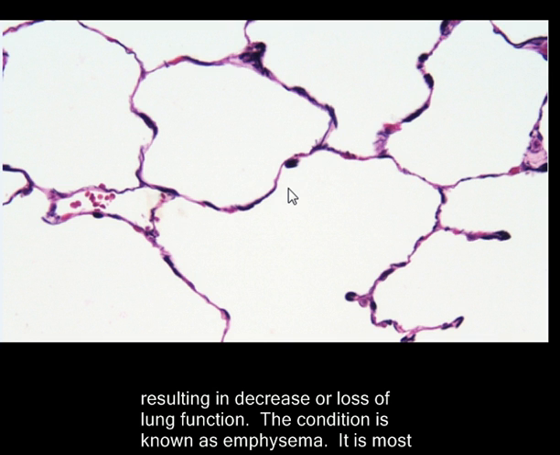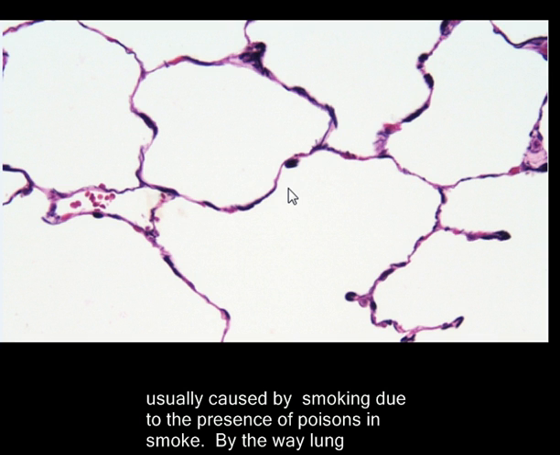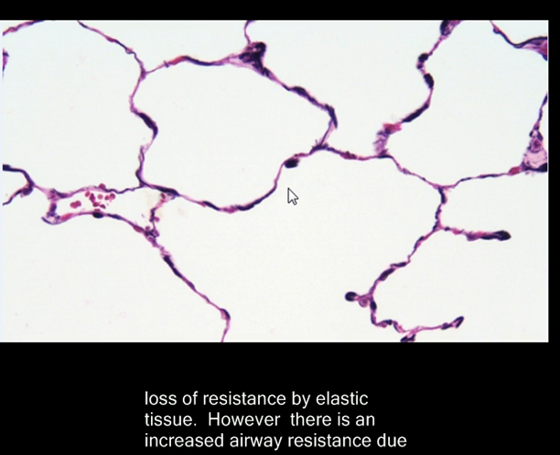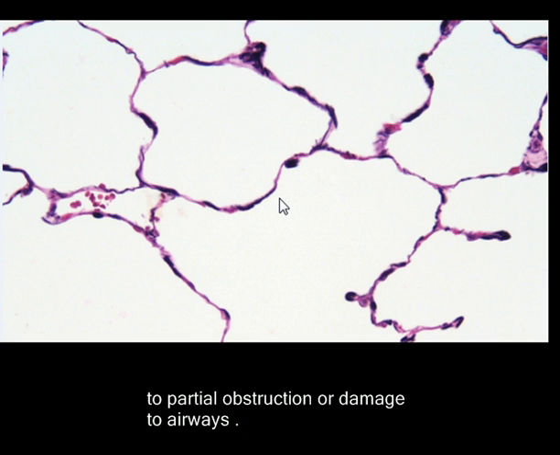It is most usually caused by smoking due to the presence of poisons in smoke. By the way, lung compliance should increase or decrease because of emphysema. It would increase as a result of loss of resistance by the elastic tissue. However, there is an increased airway resistance due to partial obstruction or damage to the airways as a result of smoking, for example.